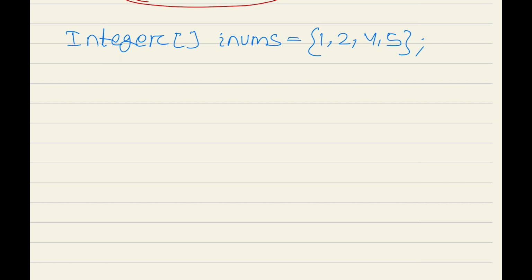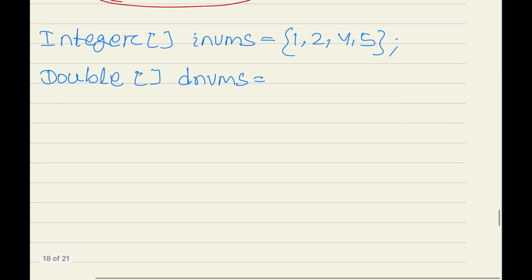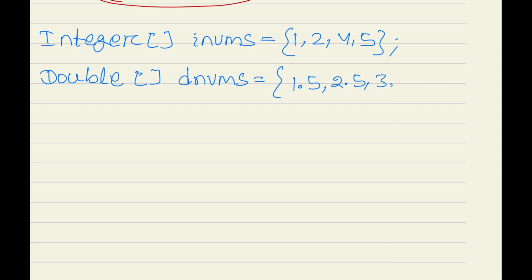Now consider we have one array of doubles and the name of the array is dnums. So inums for integer and dnums for double, and the elements are 1.5, 2.5, 3.5, 4.5 like this.